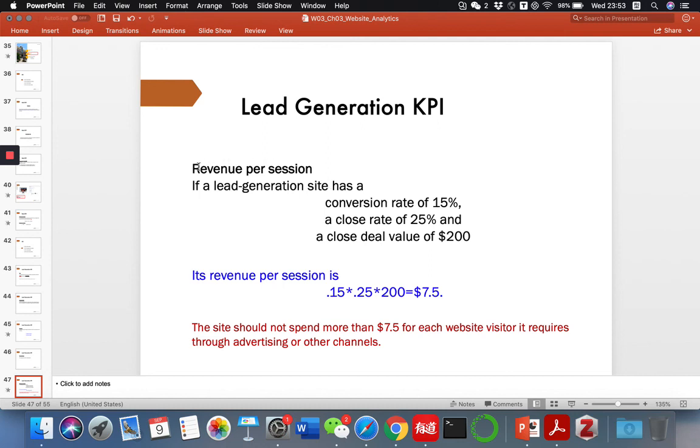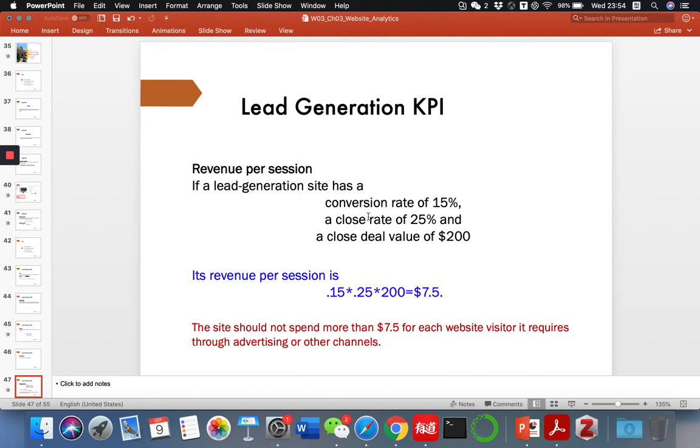Here, for revenue, we have an extra step from viewer to revenue, by contrast to retail websites. So for lead generation, we have 3 steps. First of all, viewer means session, and then conversion, and in the end, revenue, close, right?